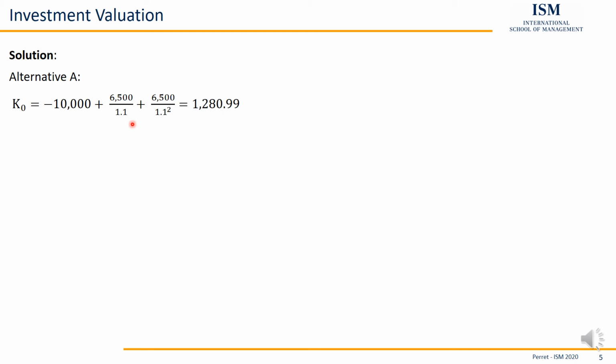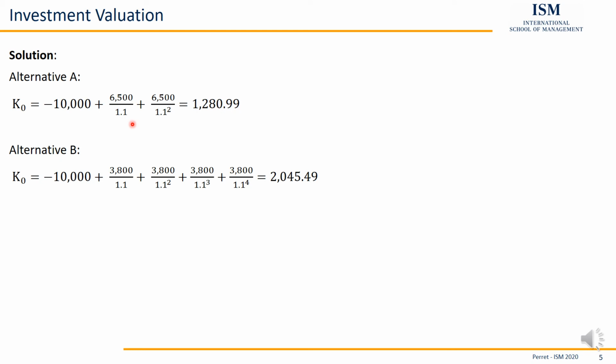Okay, this was alternative 1. With alternative 2, I have again minus 10,000, then the discounted first payment, discounted second payment, discounted third, discounted fourth payment. Here, if this line becomes too long, what I can do is I can simply leave the first part as is, and starting from here, I can factor out 3,800 by 1, and I will be left with a small finite geometric series.